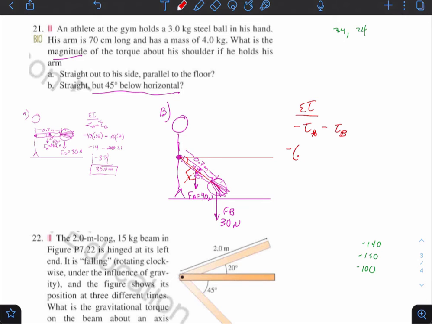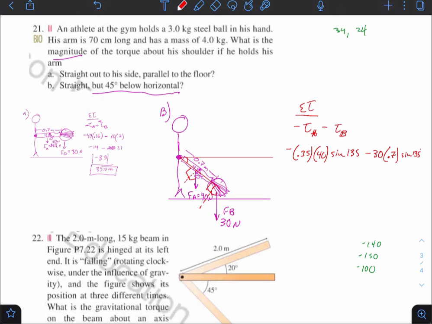It's still going to be 0.35 for the arm times 40 times sine of 90 plus 45, or 135. And that angle is actually going to be the same for both of them, because we're still going to have 90 plus another 45. So minus 30 times 0.7 times sine 135.